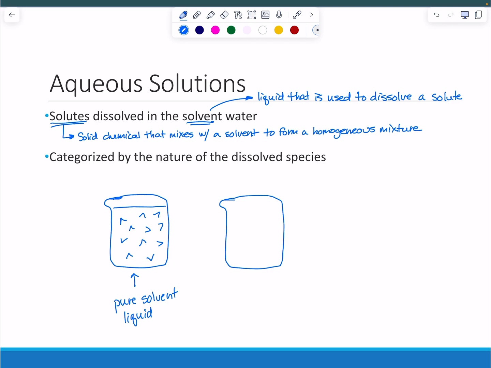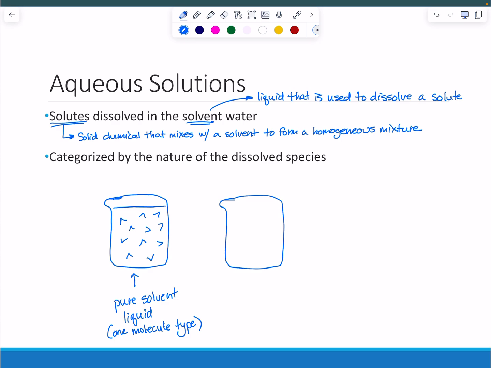So vodka is a mixture of two solvents, the molecule ethanol and water. So you can have two liquids that mix, and they're both considered solvents. But in the case of the aqueous solutions that we are talking about, we are going to have a pure solvent where we only have one molecule type. So we could have a mixed solvent where we have two liquids that mix together.